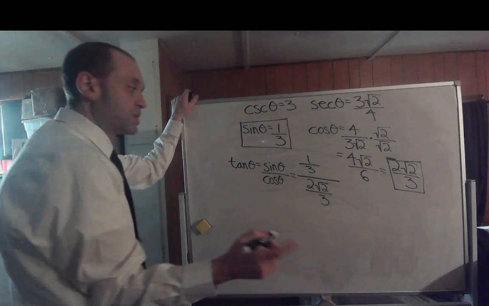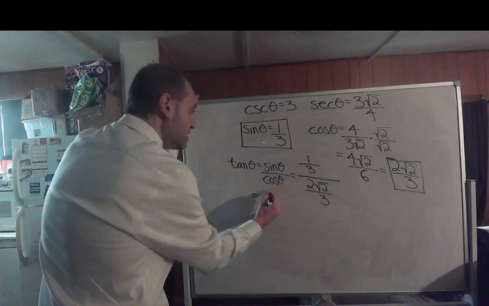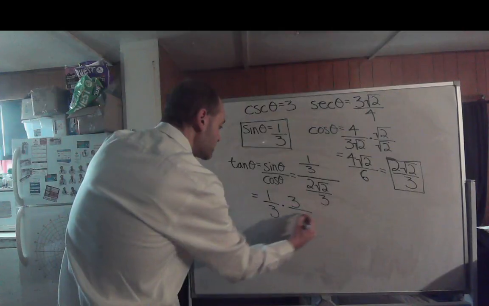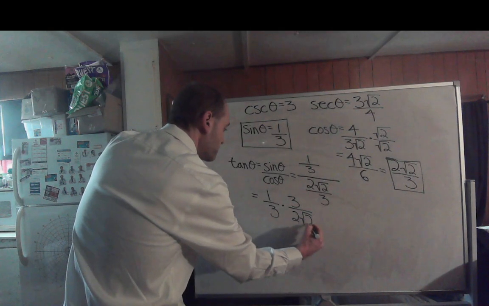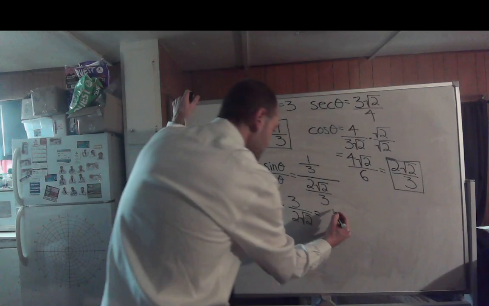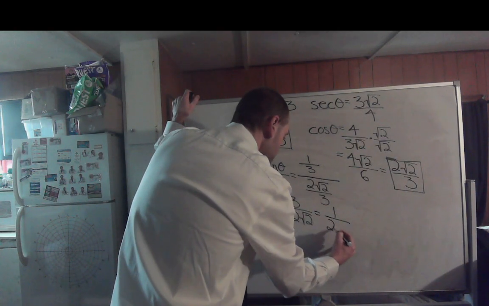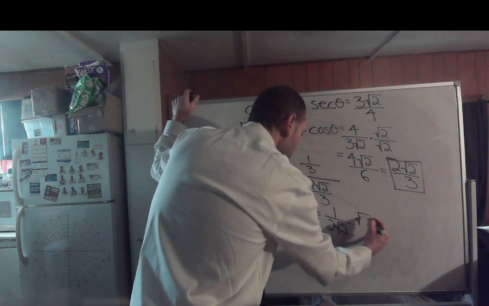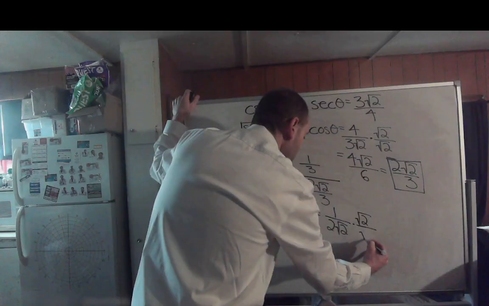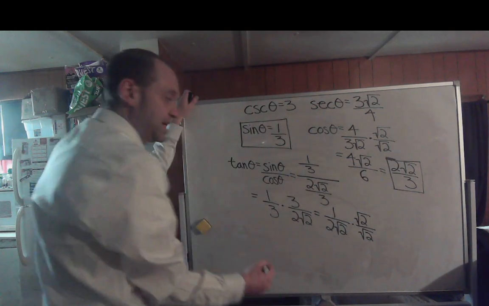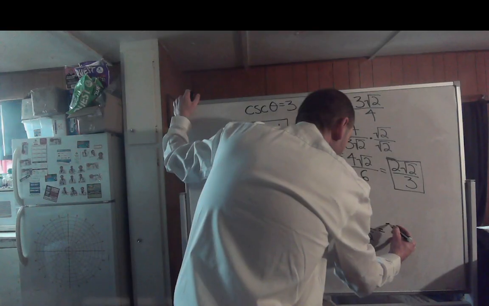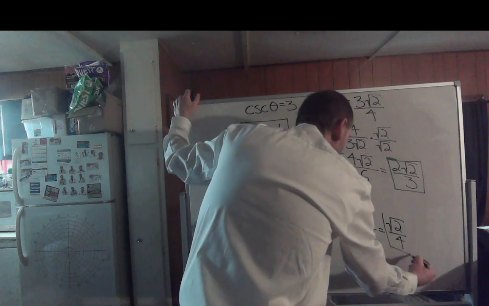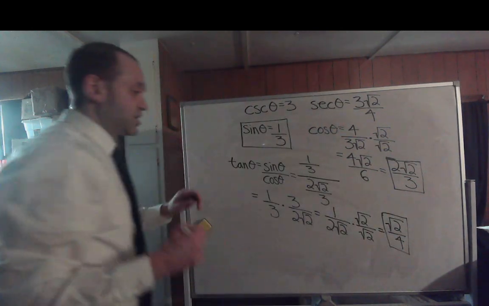Well, this turns into a complex fraction, so you would end up getting 1/3 times 3 all over 2 times the square root of 2, which would end up giving you 1 over 2 times the square root of 2. So you rationalize your denominator, which would give you a tangent value of the square root of 2 over 4. So you've got your tangent.